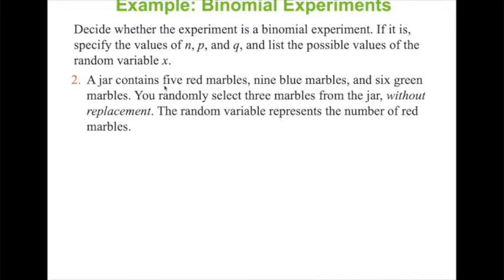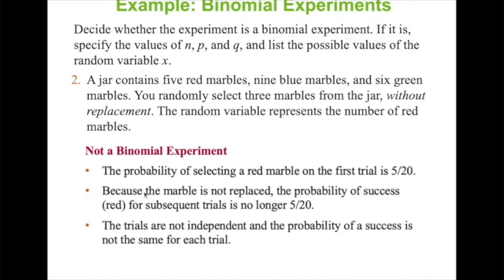A jar contains 5 red marbles, 9 blue marbles, and 6 green marbles. You randomly select 3 marbles from the jar without replacement. The random variable represents the number of red marbles. Okay, let's take a look. This is not a binomial experiment, and here are the reasons.